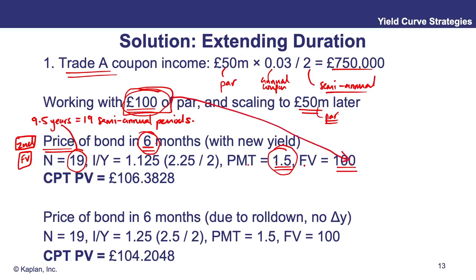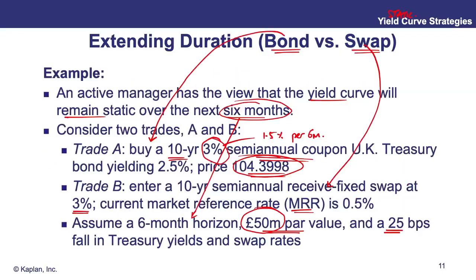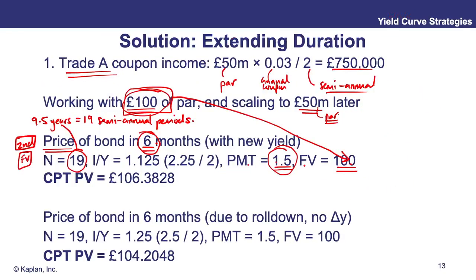The thing that has changed is the yield of the bond. Now, we're told that yields fall by 25 basis points. The Treasury started off yielding 2.5. If it falls by 25 basis points, it's going to be yielding 2.25%. And don't forget that we need to consider the semi-annual yield of the bond.